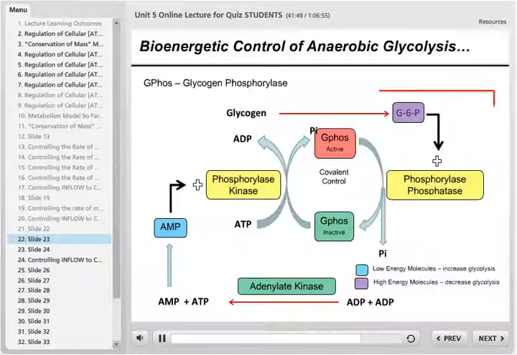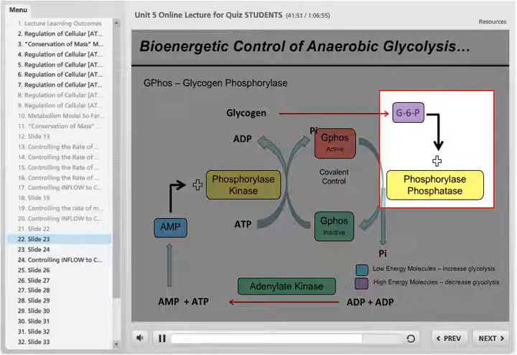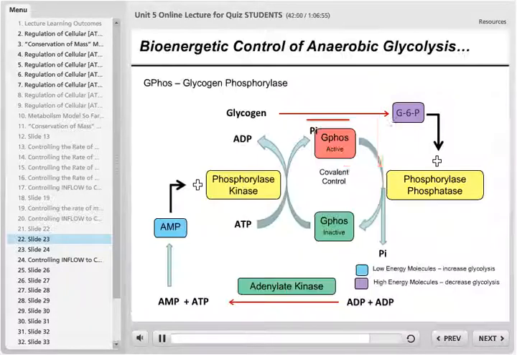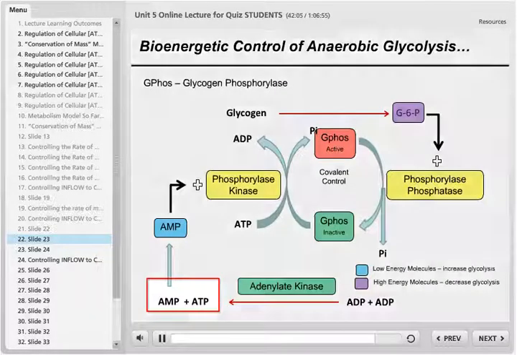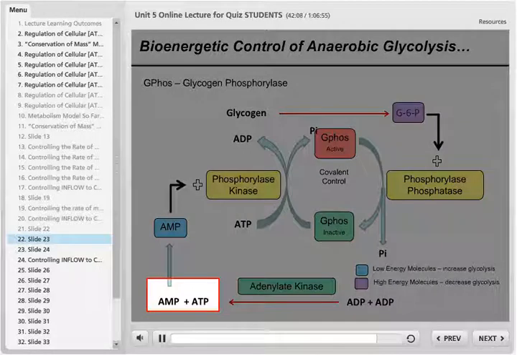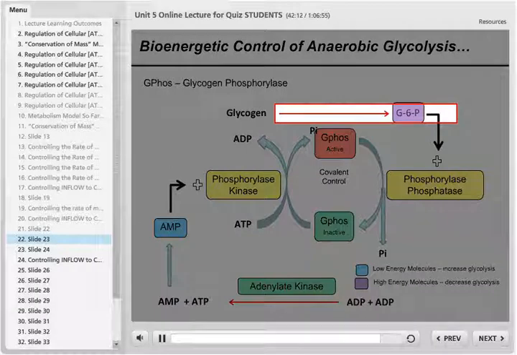On the other side, this high energy molecule, glucose 6-phosphate, we have a lot of it. It stimulates phosphorylase phosphatase, and therefore we have an increased outflow and a reduction of GPhos. So we have a connection between energy consumption and the availability of substrate for the eventual ATP production.